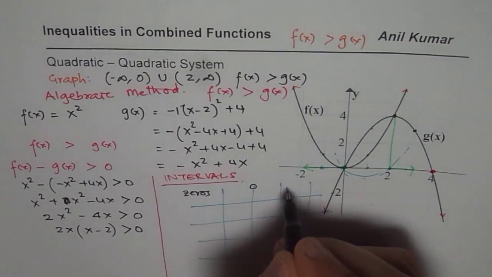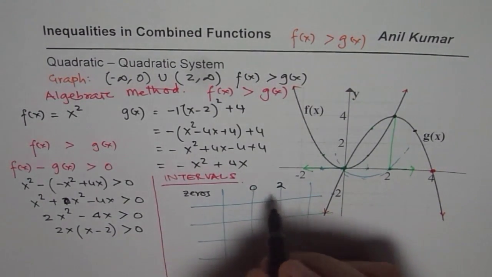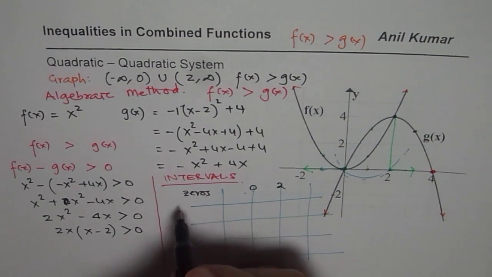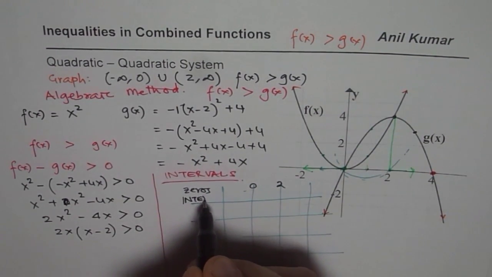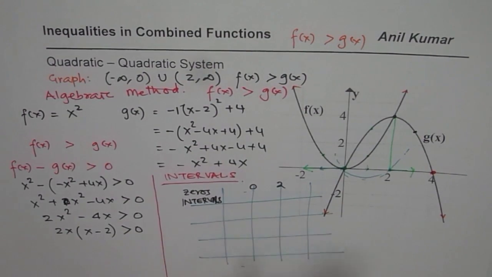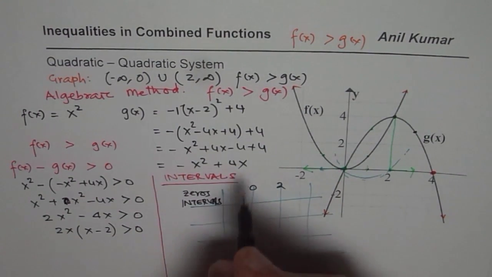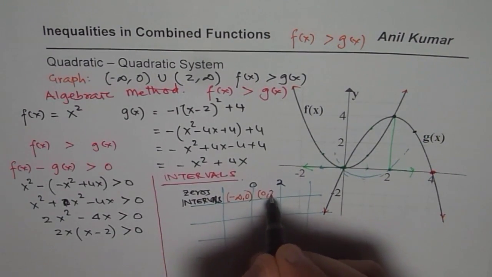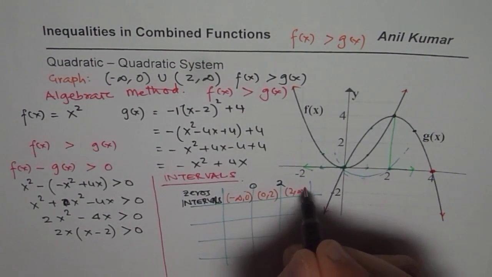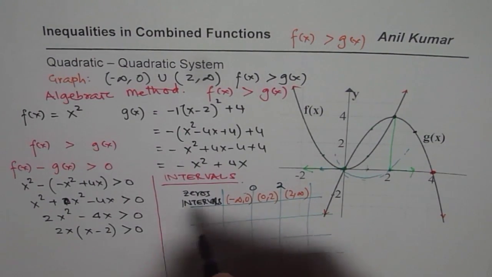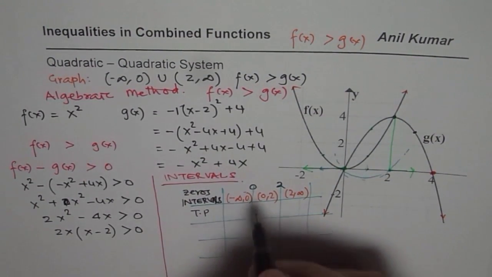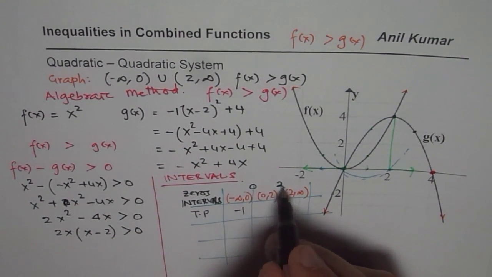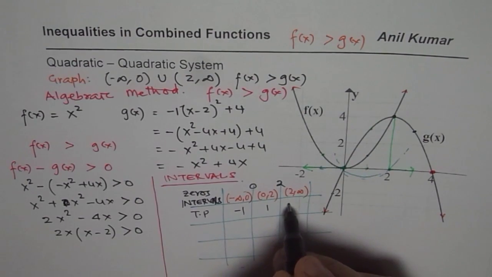These zeros divide our number line into intervals: from minus infinity to 0, from 0 to 2, and then from 2 to infinity. We'll take a test point in each of these intervals. A test point on the left side of 0 could be minus 1, between 0 and 2 could be 1, and between 2 and infinity could be 3.